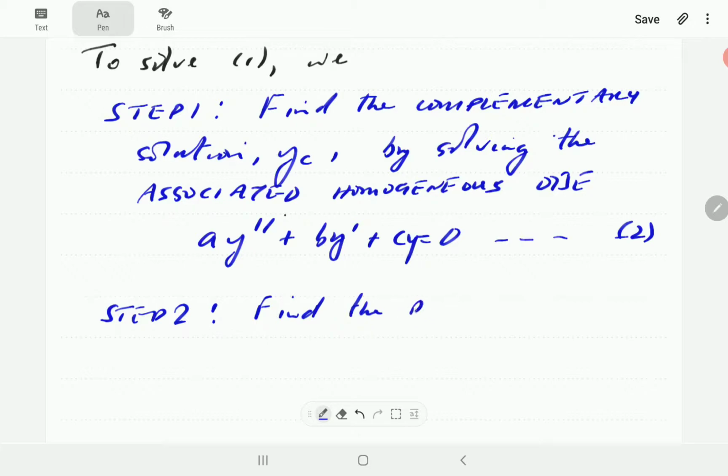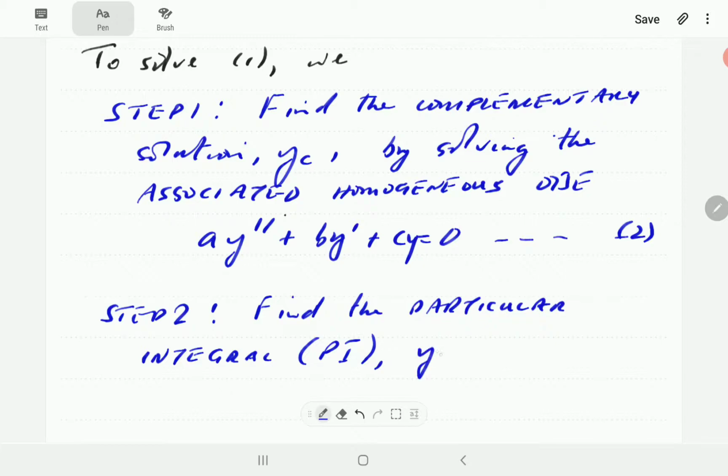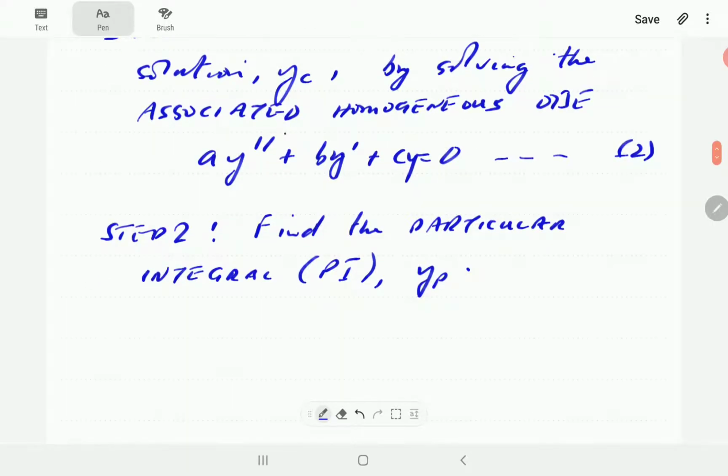Actually the main subject of this video is in this step number 2. So particular integral, which we're going to abbreviate PI, we are going to denote yP. So that is in step number 2.